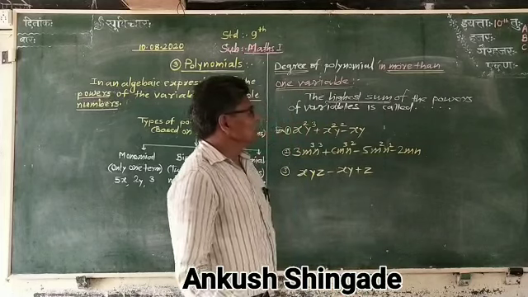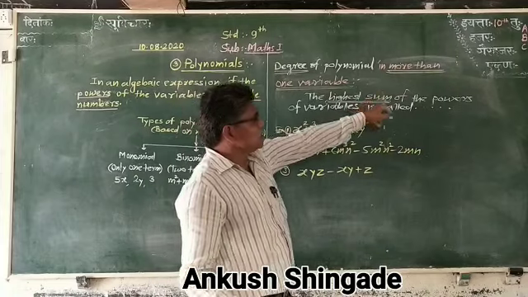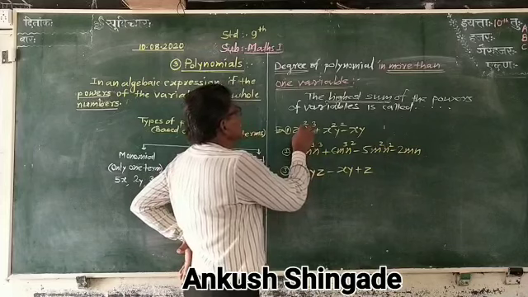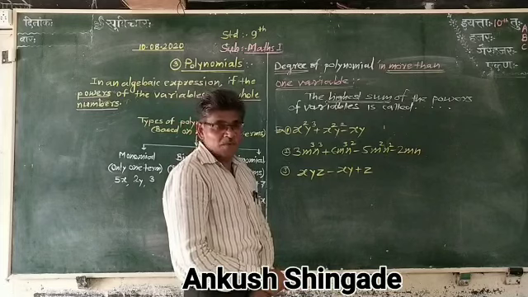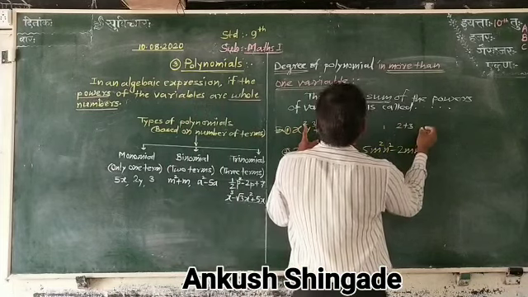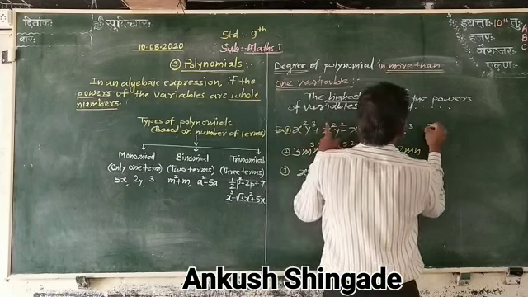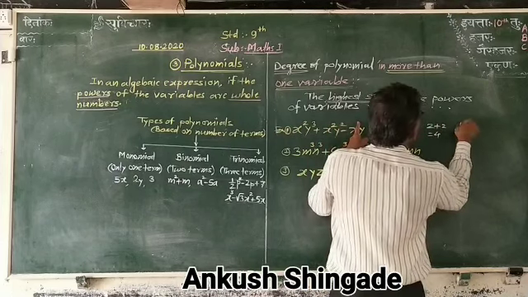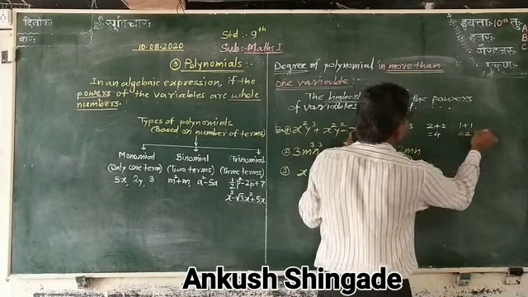Students, listen carefully, see here carefully, the highest sum of the powers. For example, these are the powers, 2 and 3 are the powers of two different variables. So 2 plus 3 equals 5, 2 plus 2 equals 4, and 1 plus 1 equals 2.